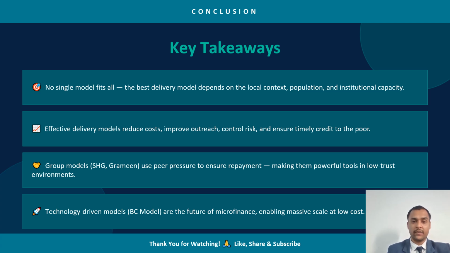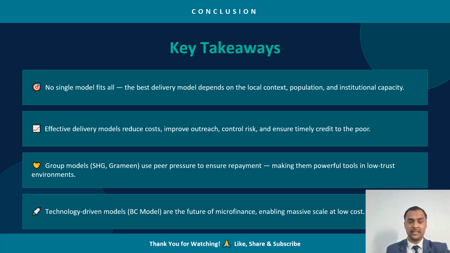Here are the key takeaways. Let's quickly summarize what we learned today. First, there is no single delivery model for all situations. The best model depends on the local context and the type of population and institutional capacity. Second, the effective delivery model must achieve 4 goals: reduce the cost, improve outreach, control the risk, and ensure timely credit.